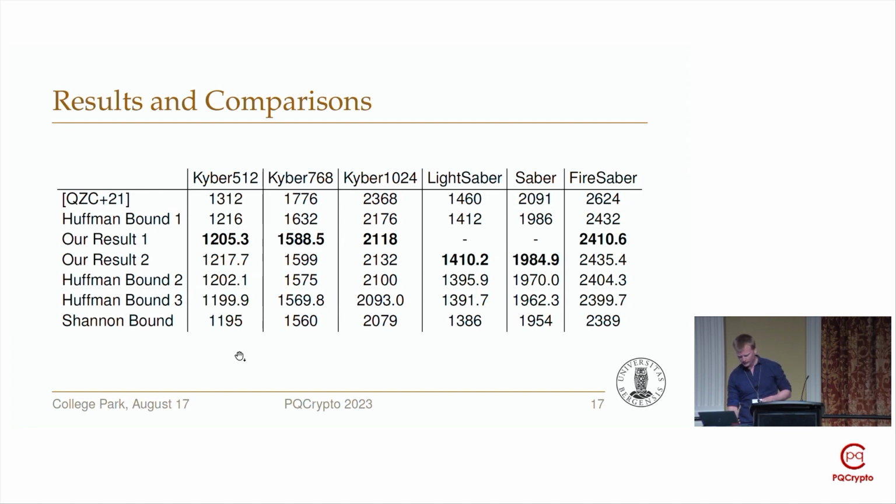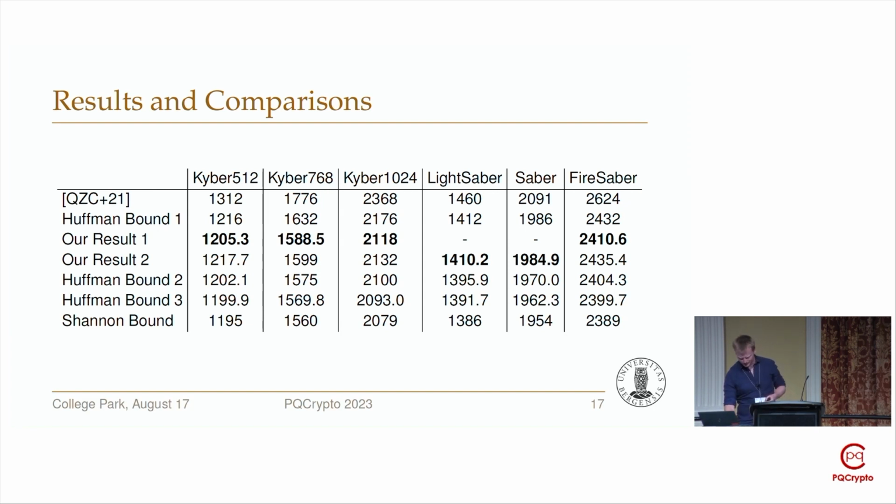So, the ones in bold are our best results. And then I have what's called Huffman bound 2 and 3, which are bounds for the best you could do if you could ask any type of yes/no question targeting 2 positions at a time or 3 positions at a time.